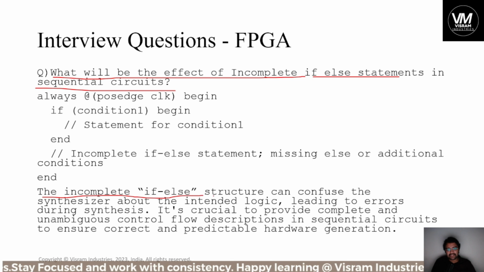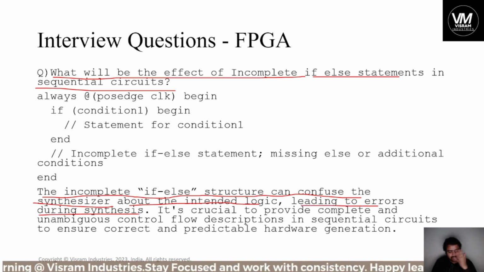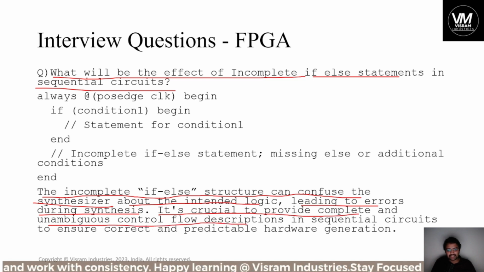The incomplete if else structure can confuse the synthesizer, meaning it will look for a specific syntax, and if there is ambiguity in the ending of the if else about the intended logic, it leads to errors during synthesis. So the synthesis process will stop, because if else and case blocks are synthesizable blocks. It's crucial to provide a complete and unambiguous control flow description.